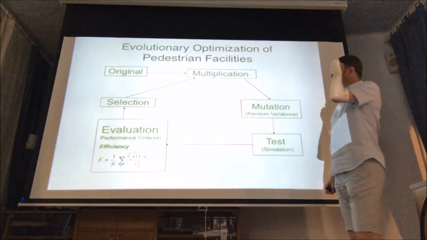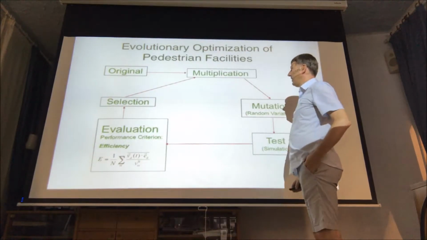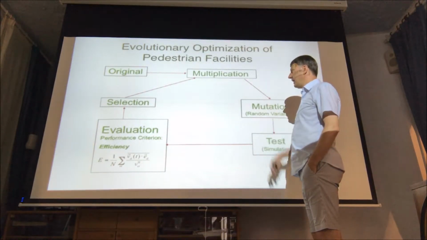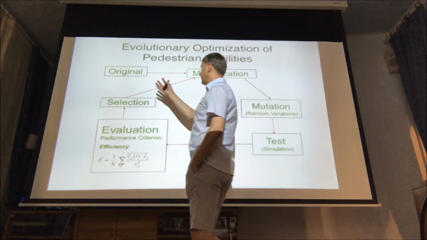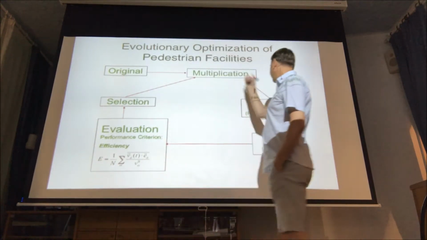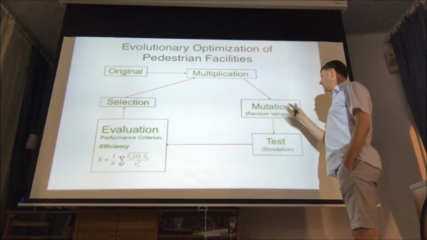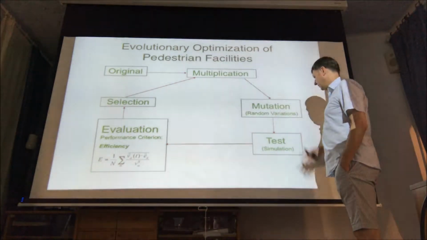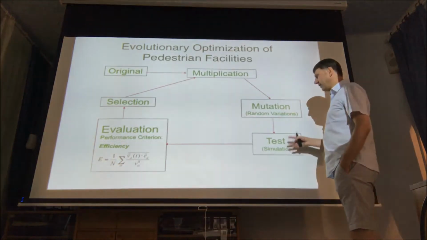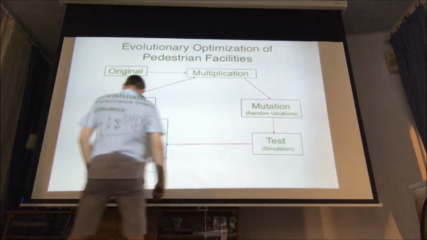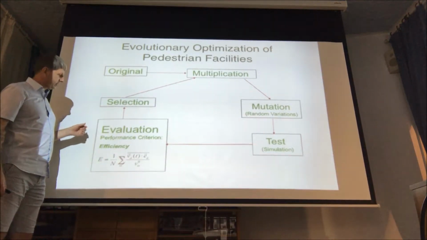And of course, you could apply evolutionary optimization to improve layouts of pedestrian facilities. You would start with an original layout, multiply it, change it randomly, and then test it. You would check how efficient these simulation outcomes are.